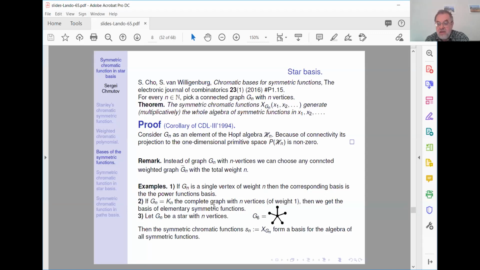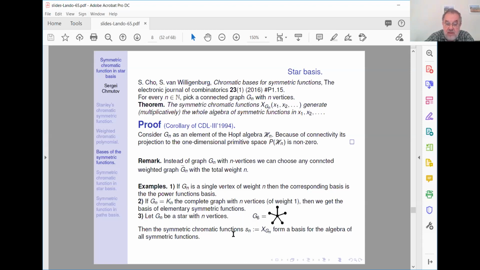And now I would like to speak about star bases. So the star graph will be the graph like that. This is G with subscript n, the graph with n vertices. And if I want to speak about a weighted graph, that will be all weight 1 in the Hopf algebra element.